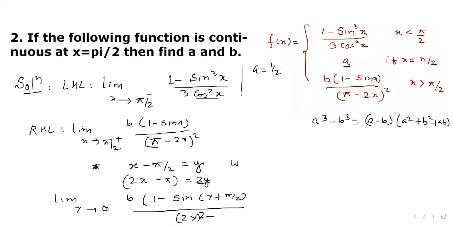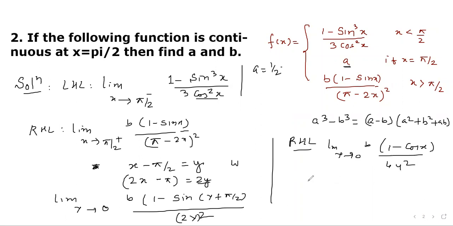Sine of (90 plus theta) gives cos theta. So the answer is limit y tends to 0 of b times (1 minus cos y) divided by 4y squared.